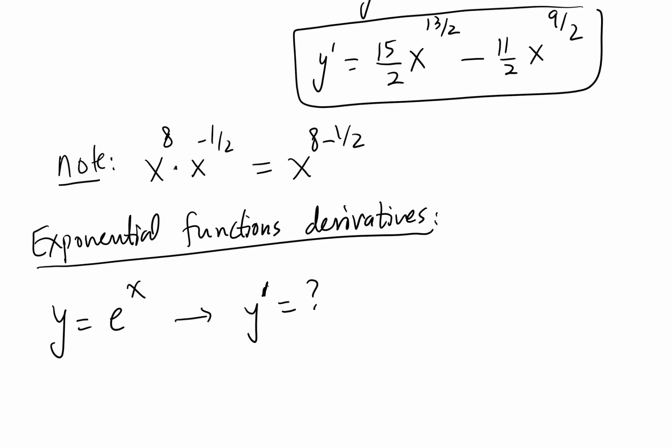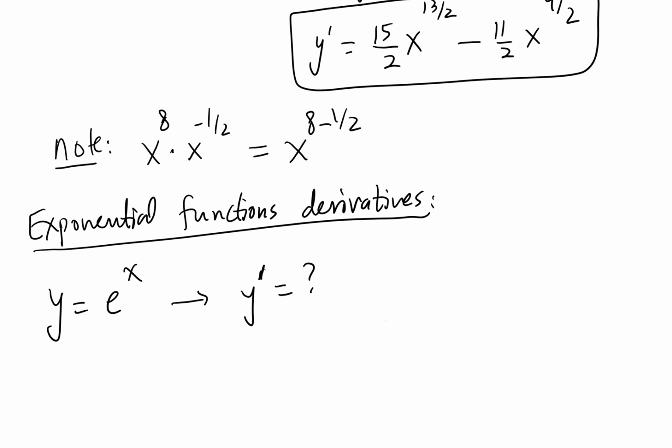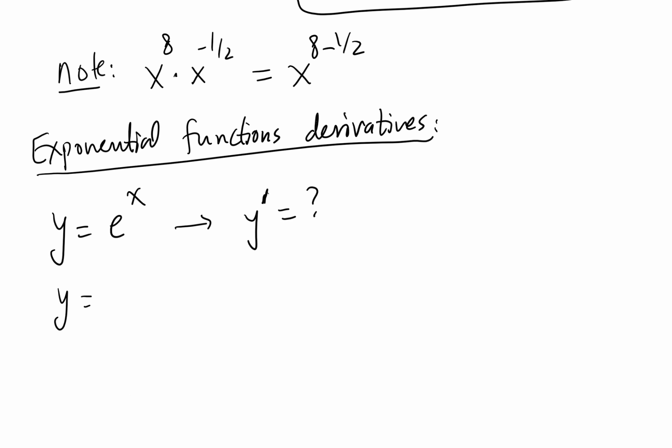We will prove why this works later on, and then we will look at the general form in section 3.4. So for the meantime, if y equals e to the x, y prime would be itself, provided it's just e to the x, not e to any function.